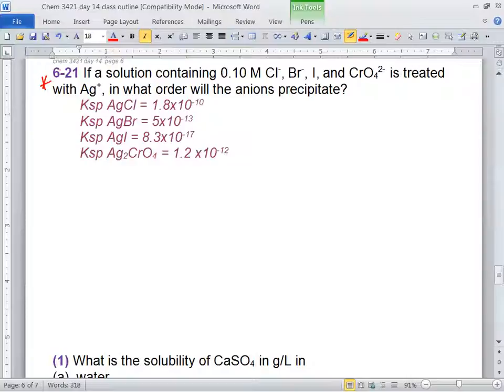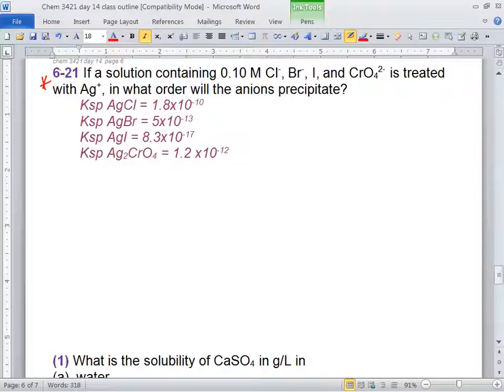Solubility is the X in ice. You've got to burn that in your head because it's really going to help you on the exam. Solubility is the X in ice, right? We hit that so many times last time. So that's what you should be doing. But look at all the ICE tables you'd have to write. But there was a shortcut.